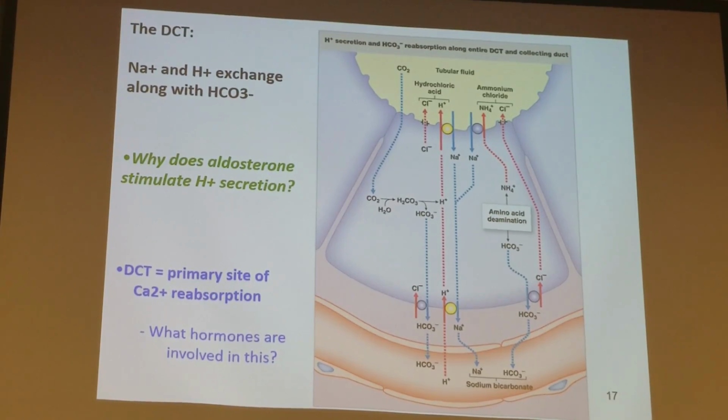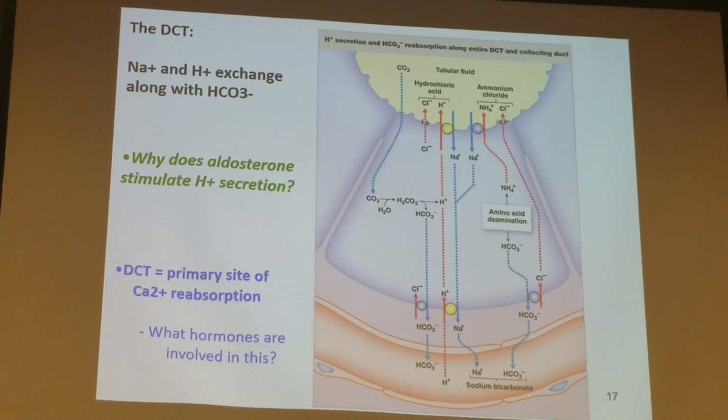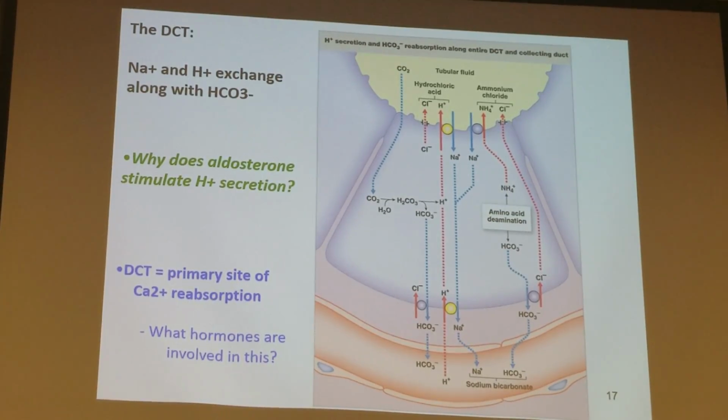So if I don't have to wait very long, I can do this a lot faster. Then I go back to my original shape. So I'm exchanging hydrogen for sodium. I go back to my original shape, wait again, go back to my original shape. So if I have to wait a long time for sodium, I'm going to be here a long time. But by having more sodium leak channels, this transporter doesn't have to wait very long.